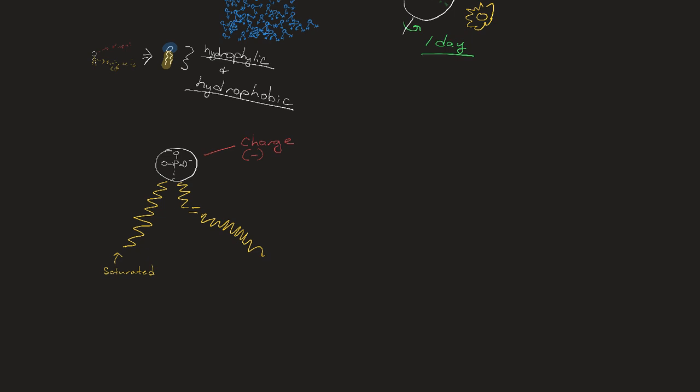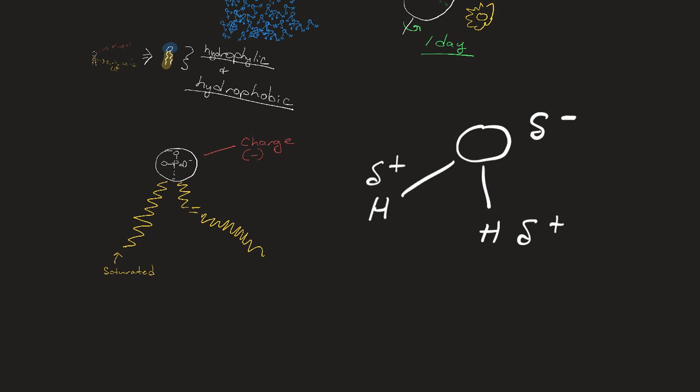Then this hydrophobic and hydrophilic, what does that mean? That means when we look at water, as we discussed before, water is polar because oxygen is that greedy atom that likes to pull on the electrons. And it's going to be partially negative and partially positive. It's going to have two poles, correct? Two sides.